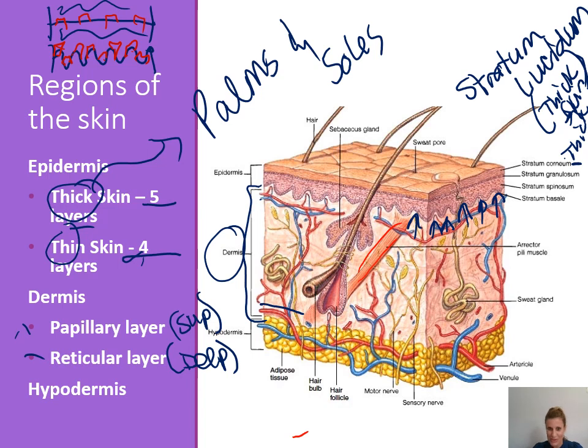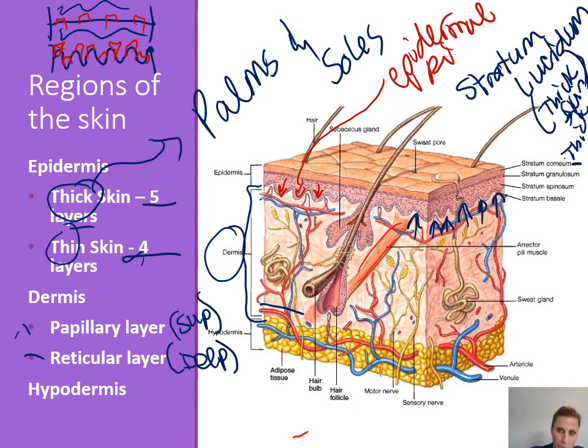Now, what do we call those? The parts of the epidermis that extend down, these little ridges that extend down, are called epidermal ridges. And the parts of the dermis that are extending up are called dermal papilla.